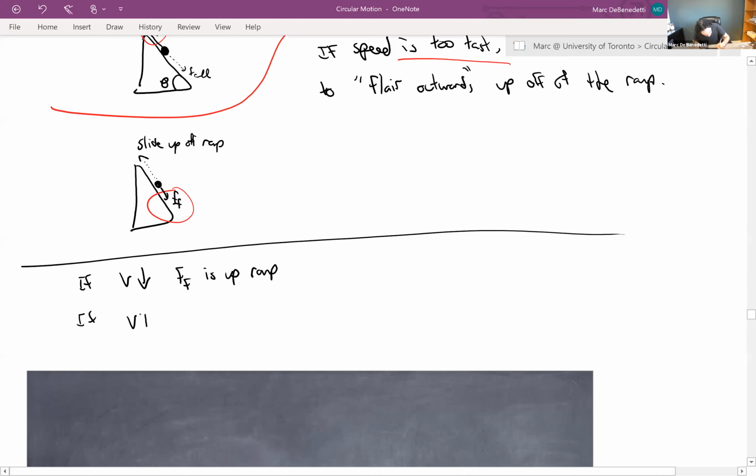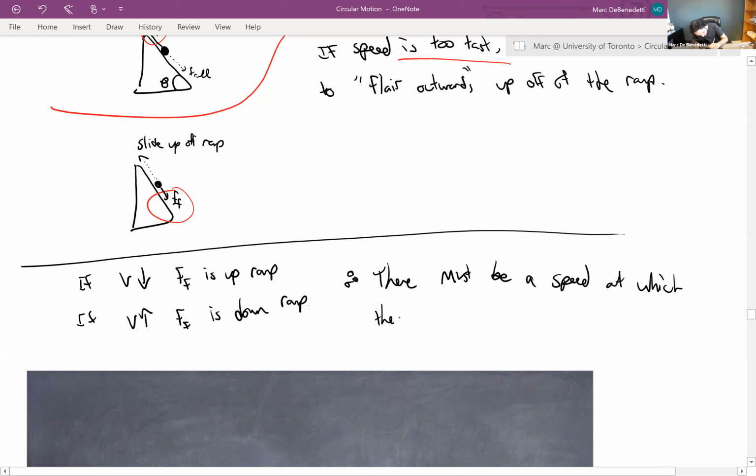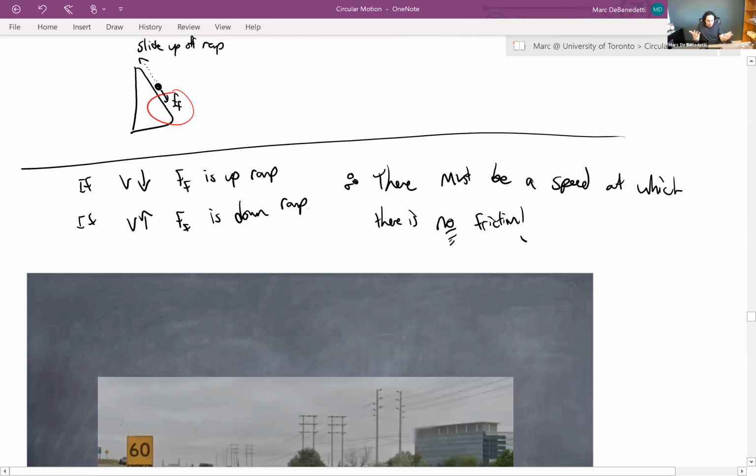If speed is too large, force of friction is down the ramp. Therefore, there must be a speed at which there is no friction. And if you want to get technical, we know this because of the intermediate value theorem.